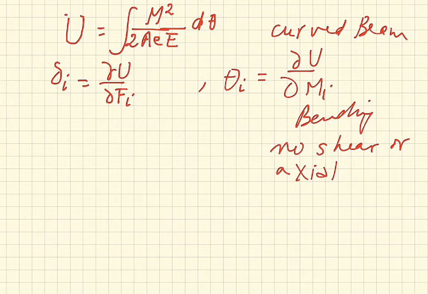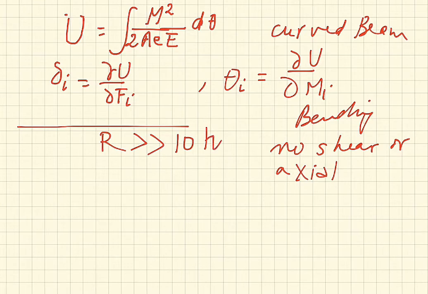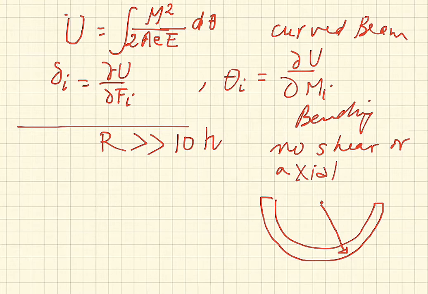So another simplification is that if R, the radius of curvature, is greater than 10 times the beam depth, let's call the beam depth h, then we would have a situation in which the beam looks like this, where the radius of curvature to the mid plane is R, and the beam depth here is h.